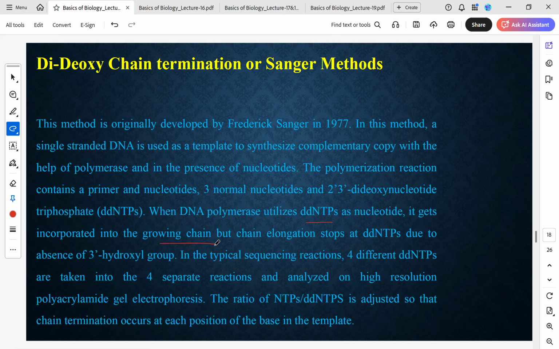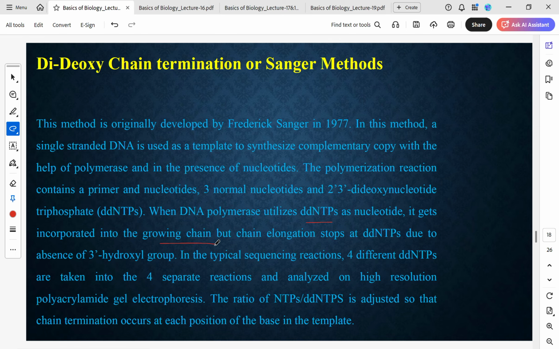Typically in any sequencing reaction, there are four different reactions set up for the four different nucleotides, and these four reactions are then run and analyzed on a high resolution polyacrylamide gel.